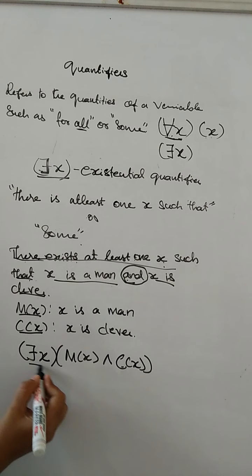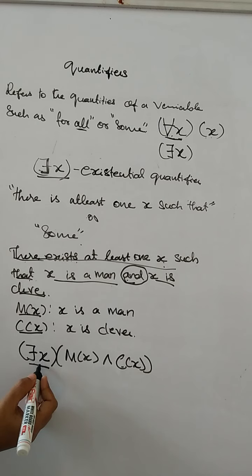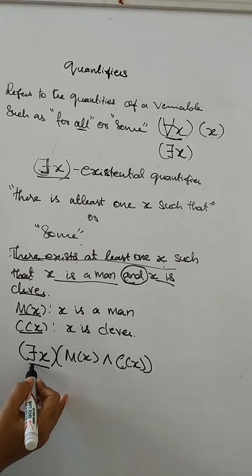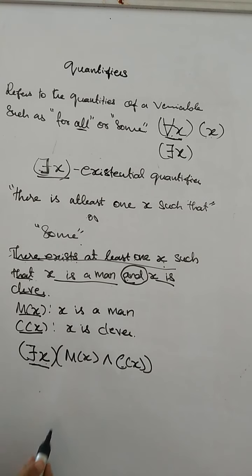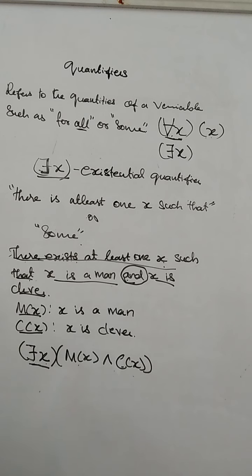So these are the notations used to represent some values, or else used to represent there exists at least one, right? That's why we have rewritten the statement by using the existential quantifier, m of x and c of x. So this is an example for the existential quantifier.